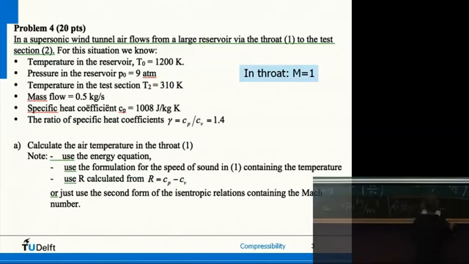And V we had from earlier, 640. And then we find 4.67 times 10 to the minus 4 meters squared. So almost 5 times 10 to the minus 4 meters squared, or 4.67 centimeters squared.